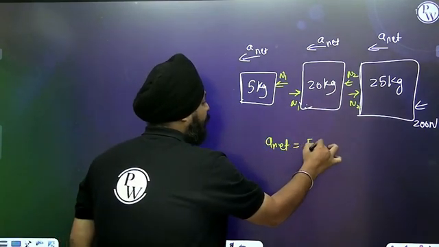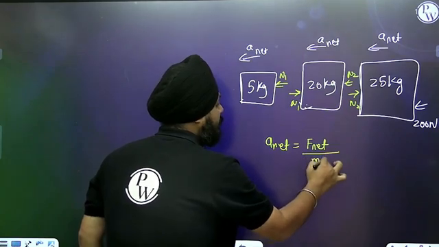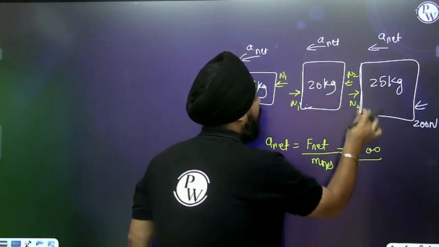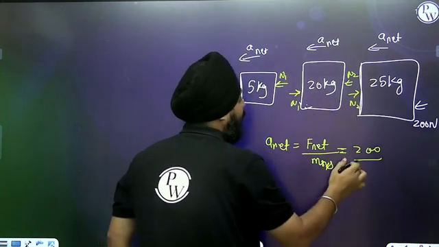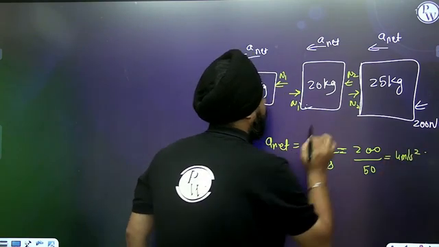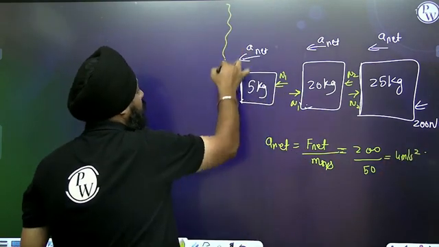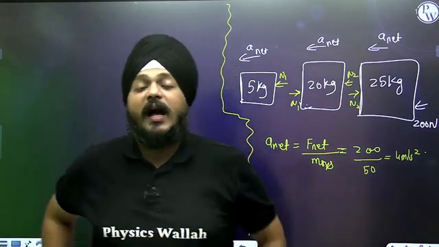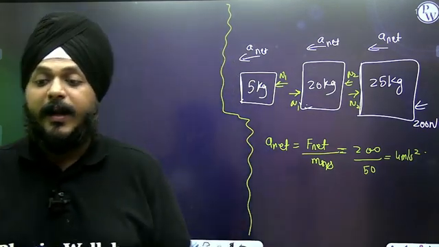That is equal to net force by the mass of the system. The net force is 200, divided by the total mass 5 plus 20 plus 25, which is 50, giving 4 meter per second square. It is important to understand how the equilibrium conditions are applied here.